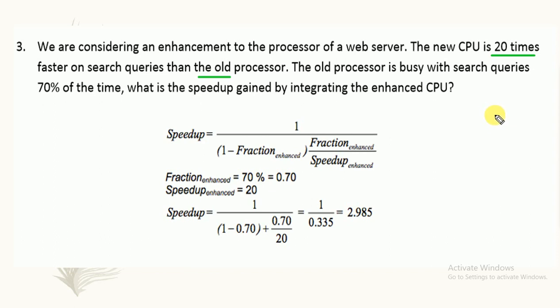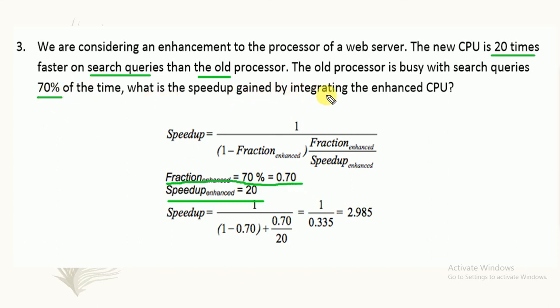The old processor is busy with search queries. We are considering speeding up the search operation, which the CPU utilizes 70% of the time. So the fraction enhanced will be 0.70.